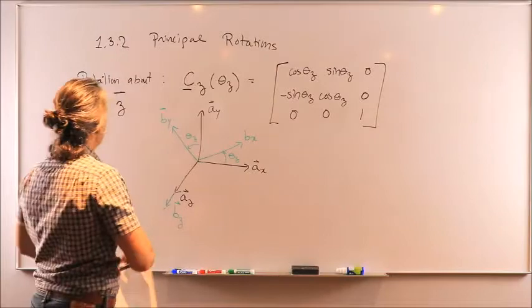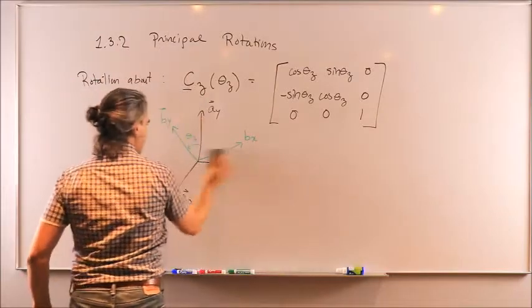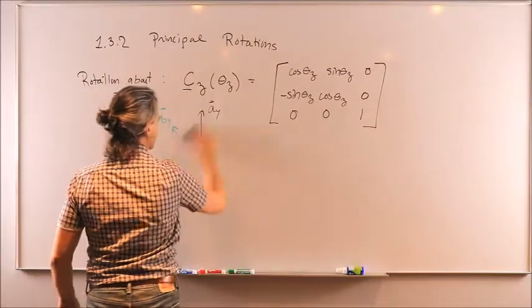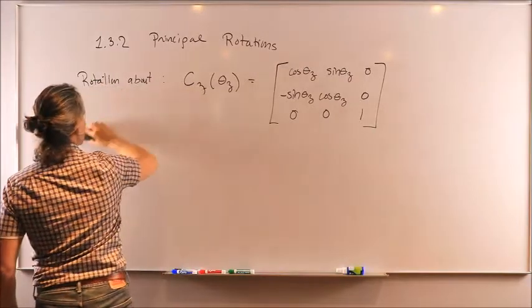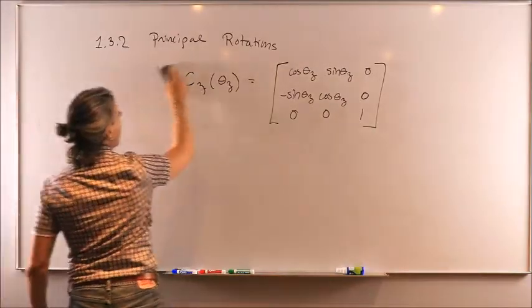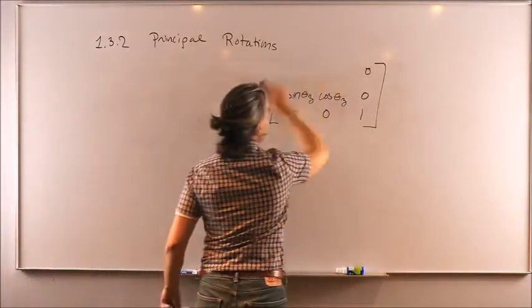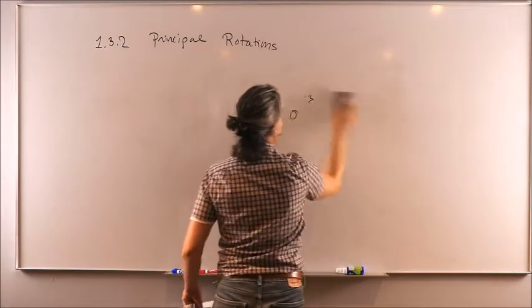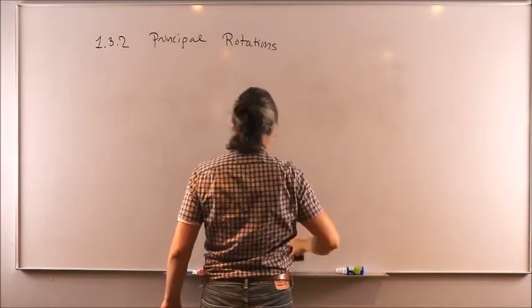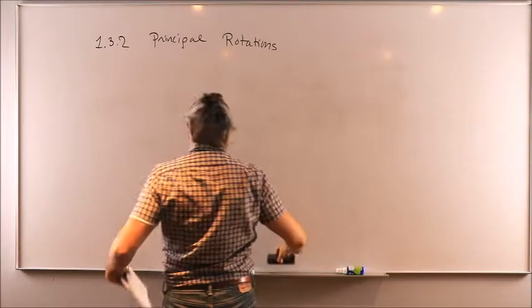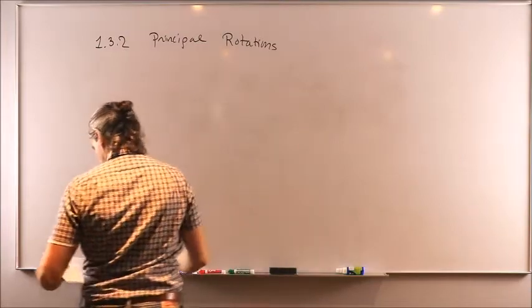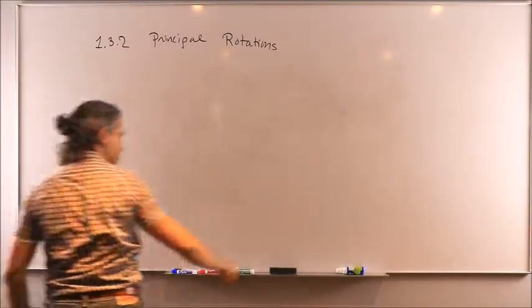Okay? And this is what we're going to have a look at next. But first, we needed to understand the building blocks of a three-step rotation. So three principal rotations, one after the other, to be able to get the resulting rotation matrix.